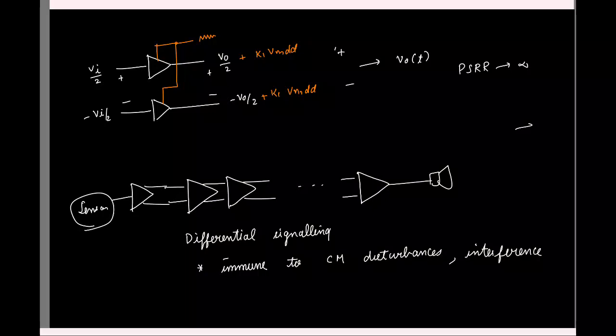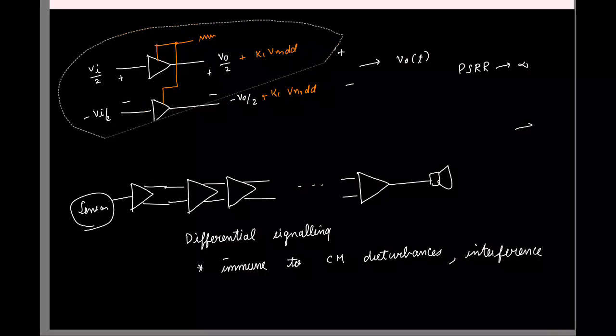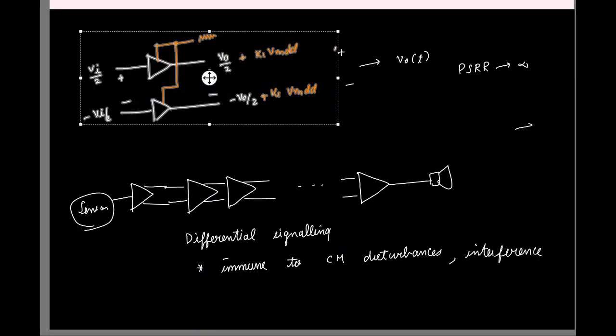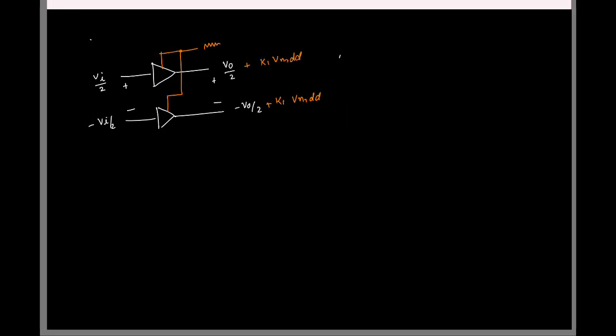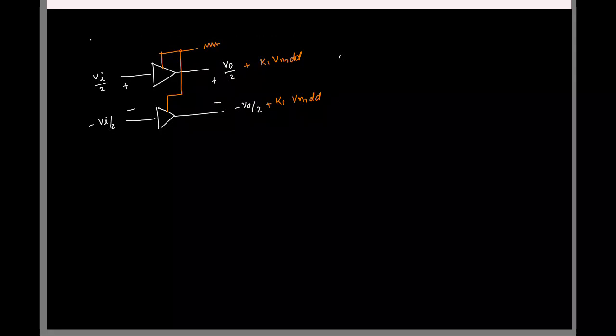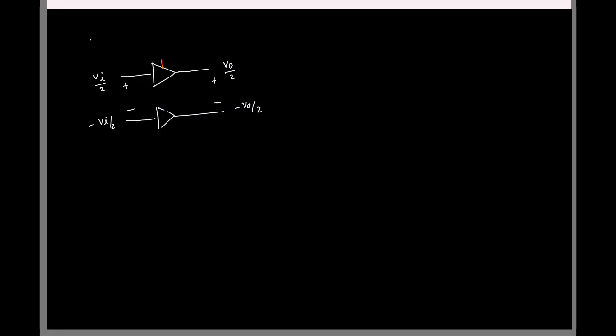And as I mentioned, this is one way in which you can get this kind of differential operation, wherein you take two identical blocks, give a positive input to one and a negative input to the other. Let me remove the supply thing, that's not relevant now. So this will work, but do you think there are some issues in doing this?